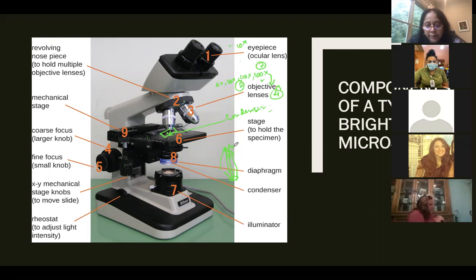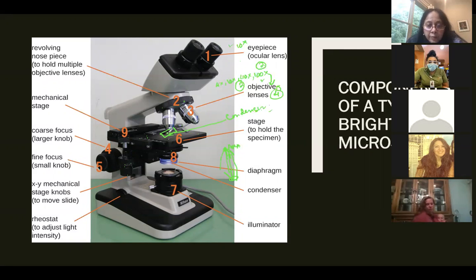This is the apex of the light cone, and all the light rays are collected over here. So the rays from the apex illuminate the specimen, because the condenser and the specimen are very close. There is very little gap, at most a half millimeter.